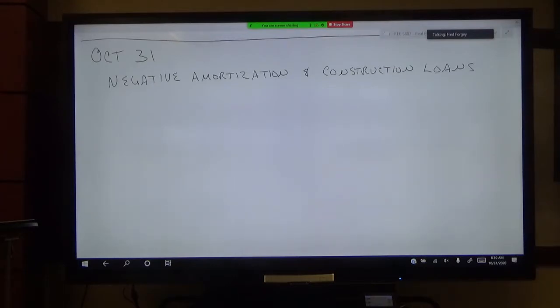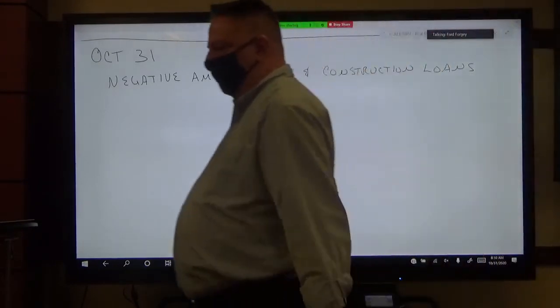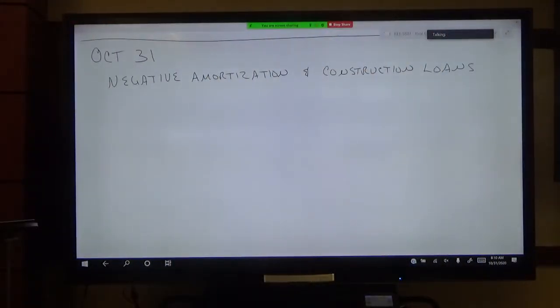All right, so let's make an assumption that we are going to buy a property, buy the land, let's say, and let's say that our land costs are, I don't know, $500,000.